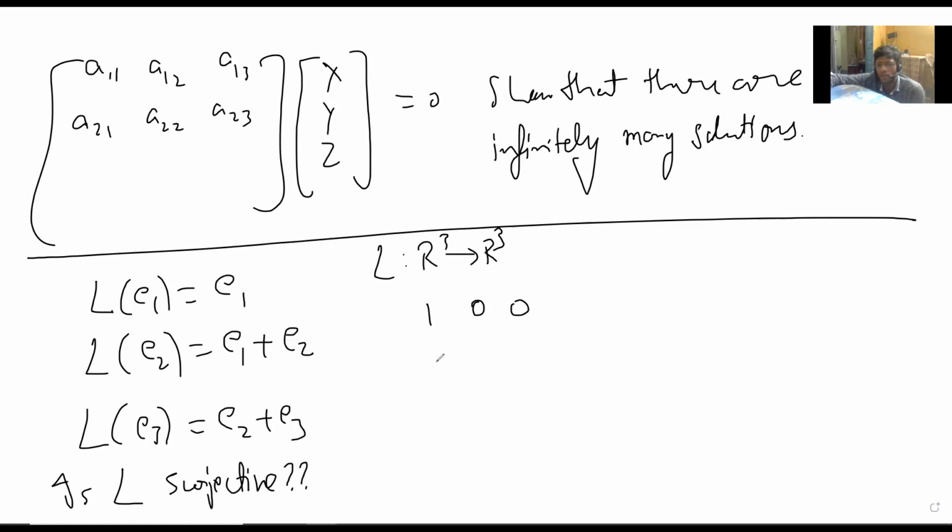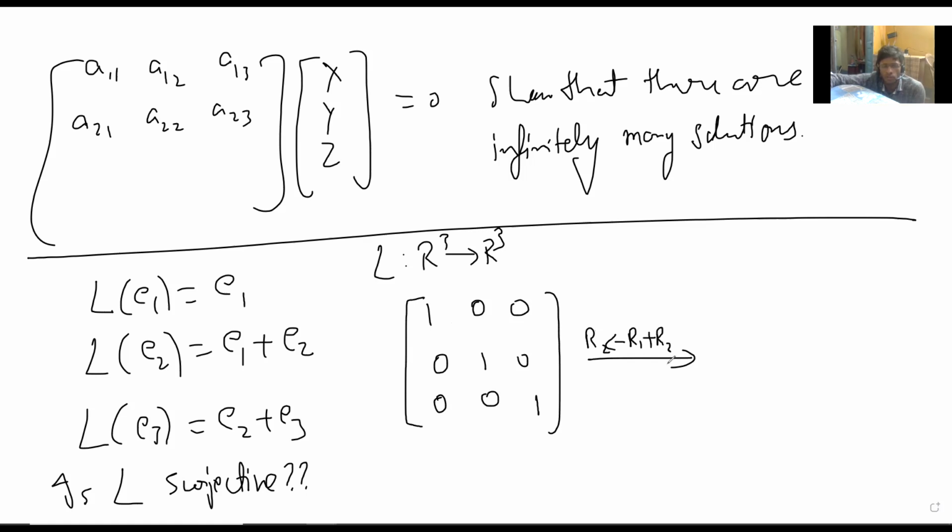But what is the initial matrix? You need to have a matrix to start with, right? So this is the matrix to start with, and then you are replacing R2 by R1 plus R2.